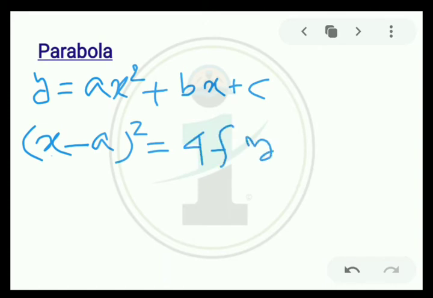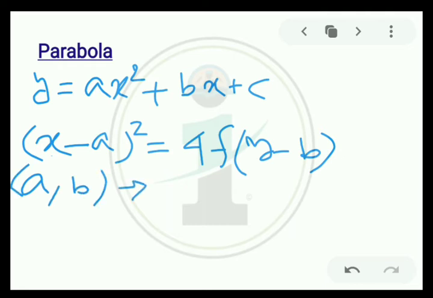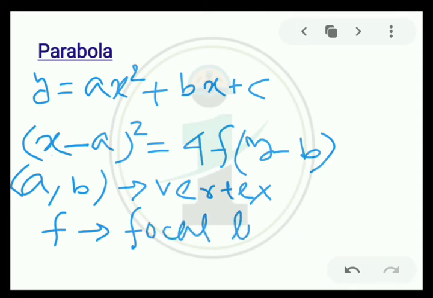So this is what the equation of a parabola is, where, and I have to generalize this, here a comma b is the coordinate of the vertex of the parabola, and f is the focal length.